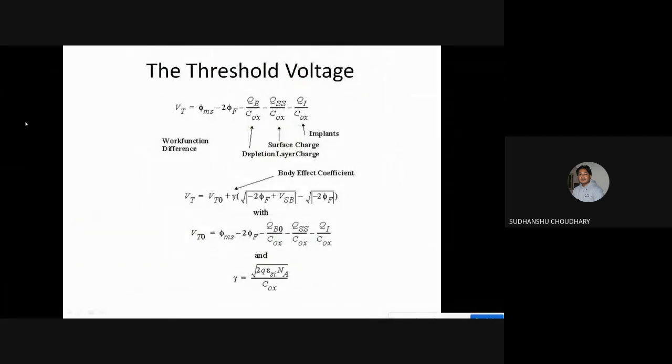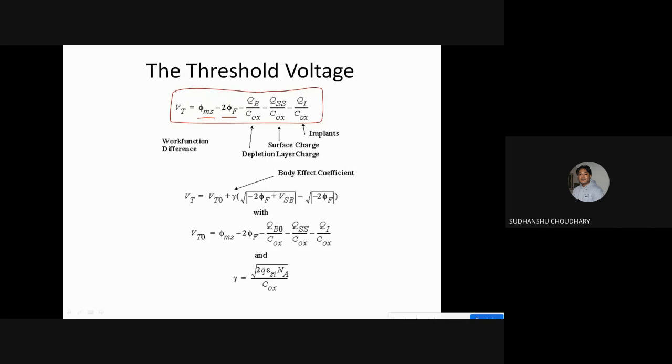Now, we had also discussed in the MOS junction that threshold voltage depends on several factors. So here also in a MOSFET, the same threshold voltage depends on these factors. First is the work function difference between metal and semiconductor, phi m minus phi s. Then twice the bulk potential or Fermi potential.